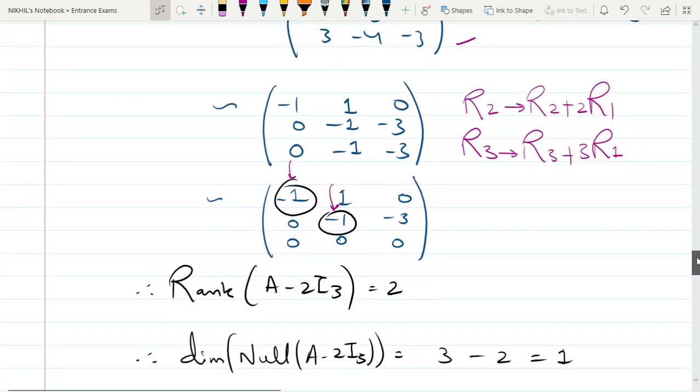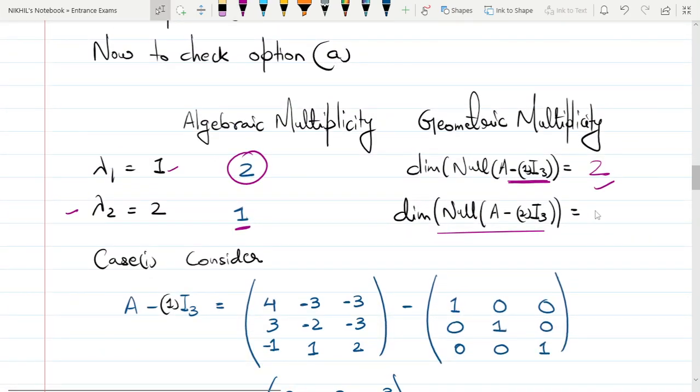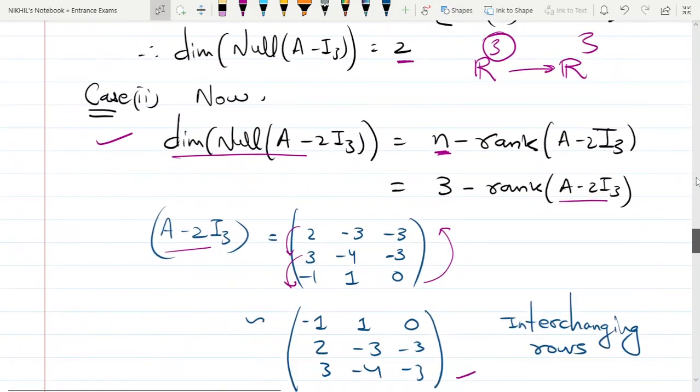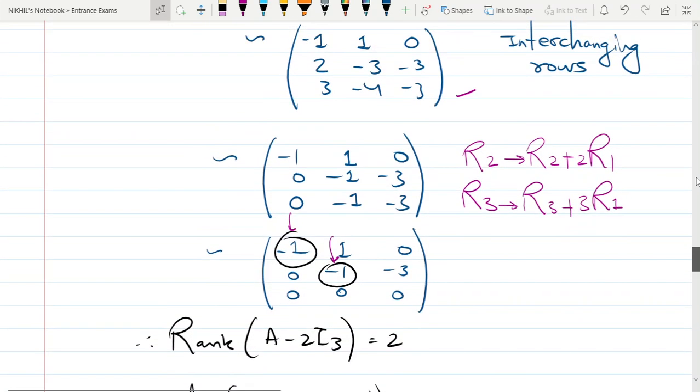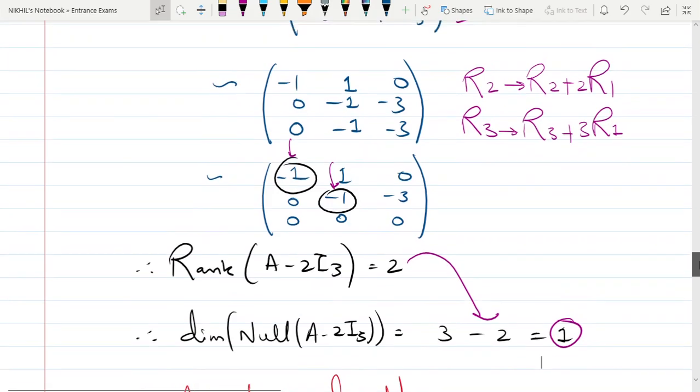Because the rank is 2, this comes out to be 2. Now from here I calculate the dimension of my null space as n minus the rank, so 3 minus 2 gives 1. That's all. That's what I was looking for.